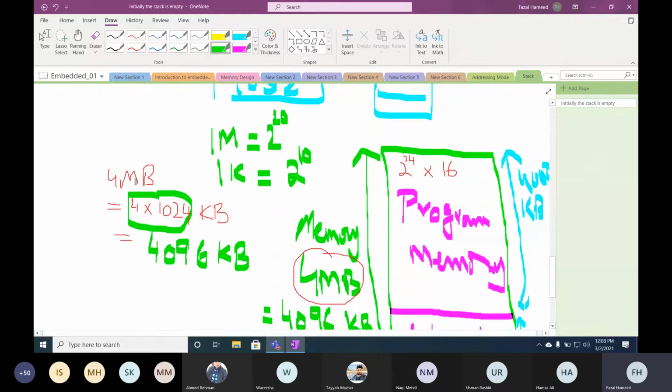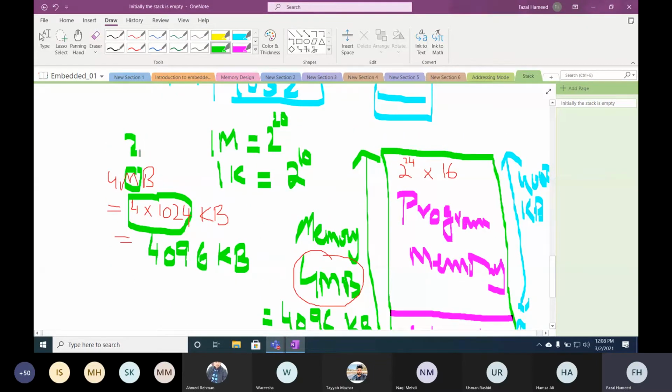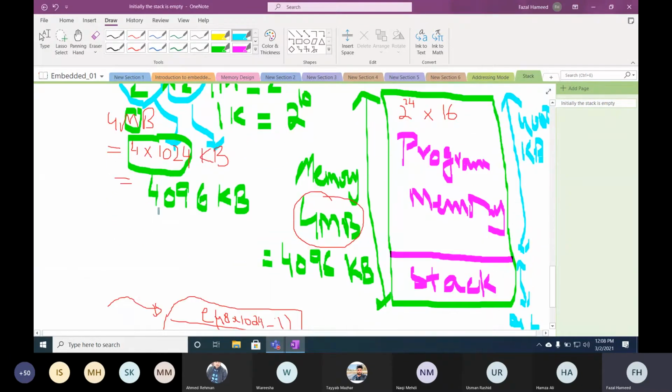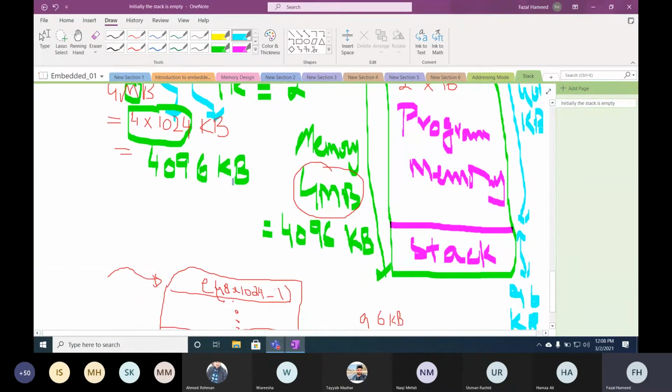So we can divide this M into 2 to the power 10 multiplied by 2 to the power 10. This 2 to the power 10 is kilobyte, and this 2 to the power 10 is equal to 1024. If you look at this, the total memory we have is 4096 kilobytes.